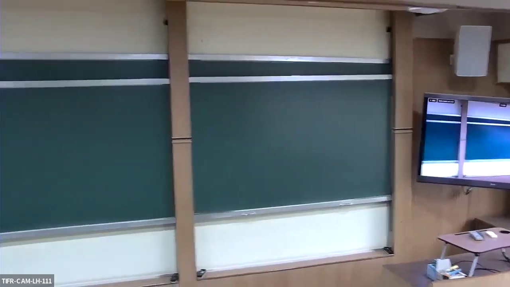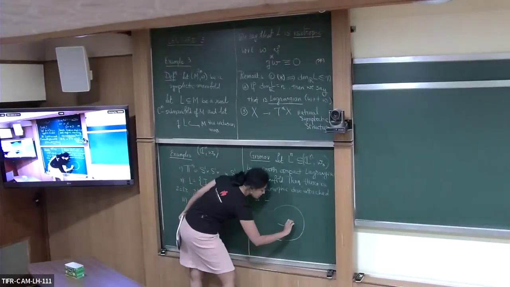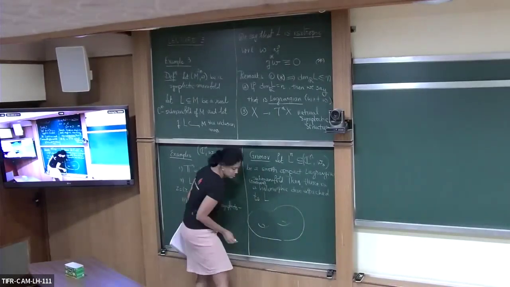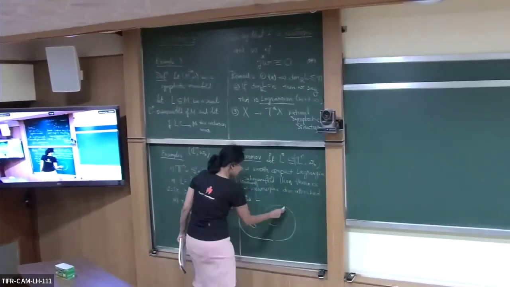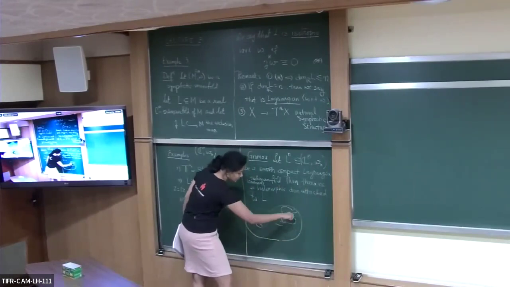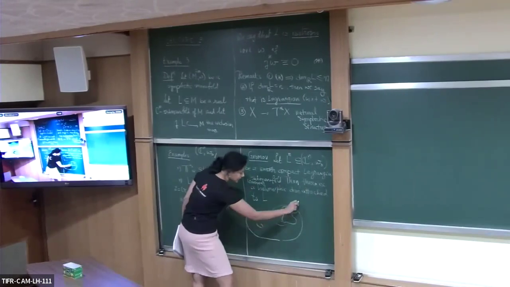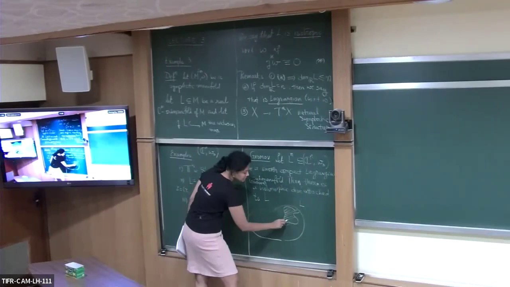Let's just draw a picture over here. What he's saying is that there is some sort of loop which might have self-intersections. I may not draw it like that. The loop lies on the manifold L, on this Lagrangian L, and this loop bounds a holomorphic disk.